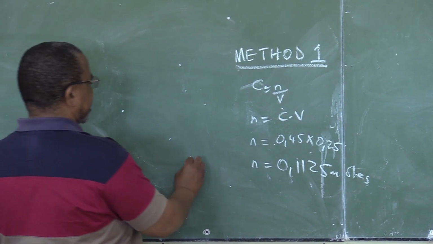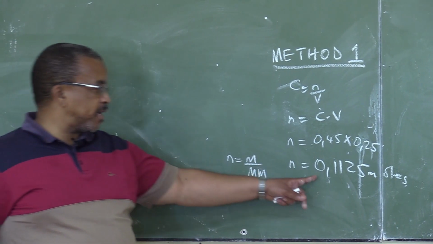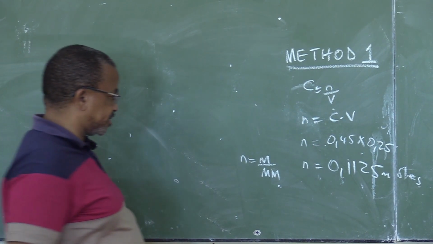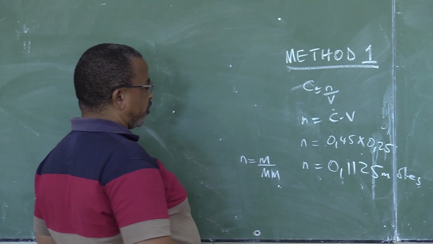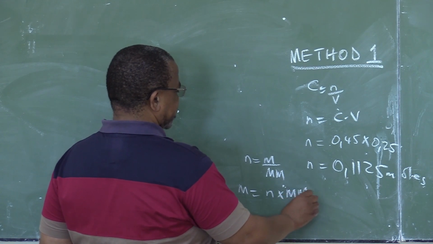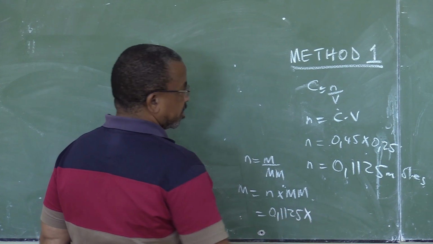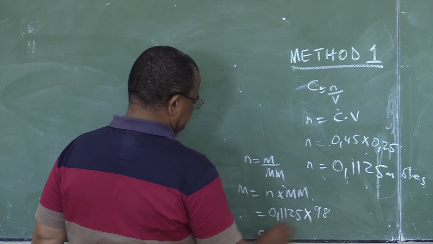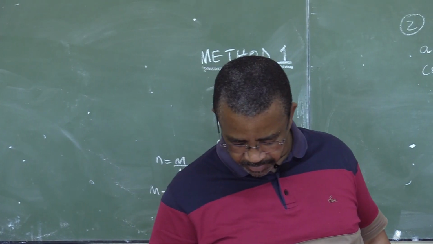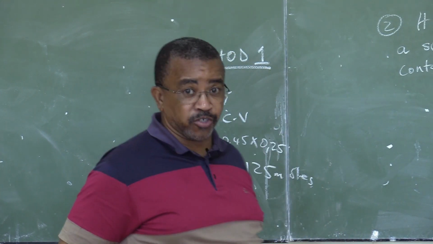Now that we have the moles, how do you get the mass? Number of moles is mass over molar mass. You know the number of moles and the molar mass, 98 grams. Making mass the subject of the formula, mass is number of moles times molar mass: 0.1125 times 98, which is 11.025.